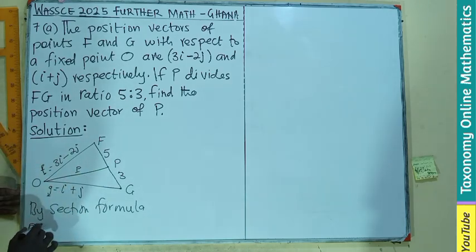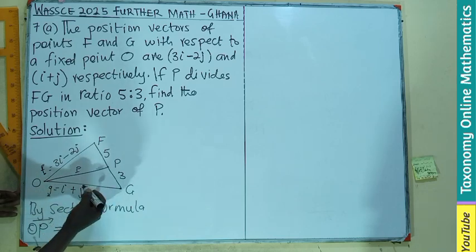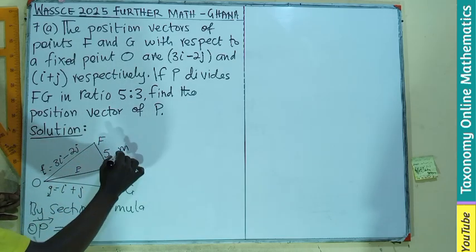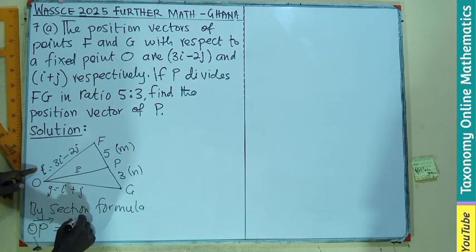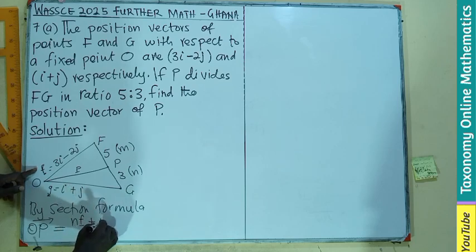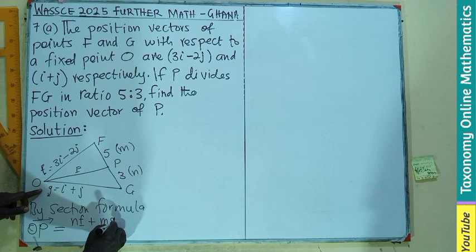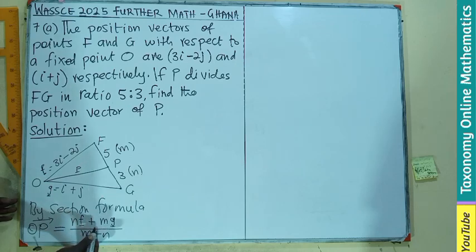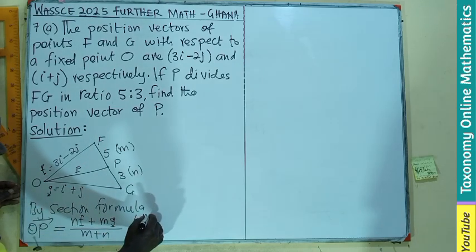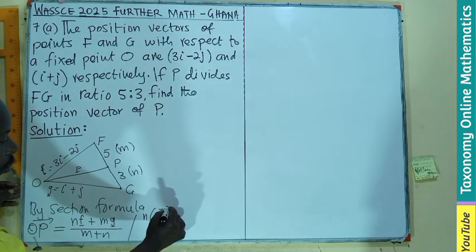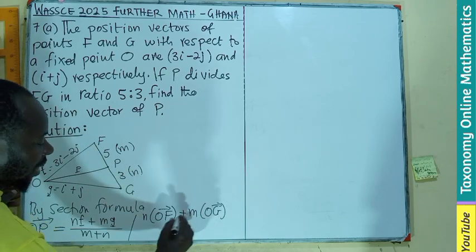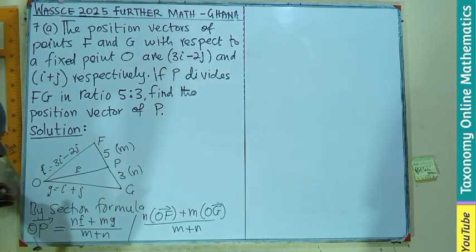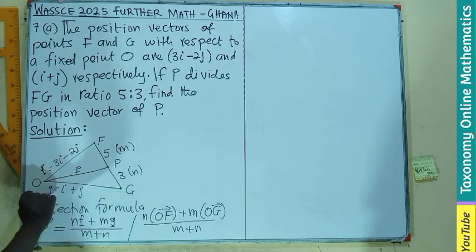OP equals, with the ratio M:N, N times the position vector of the first, which is F, plus M times the second, which is G, all divided by M plus N. That is, N times OF plus M times OG, divided by M plus N. So F and G are just describing the position vectors.